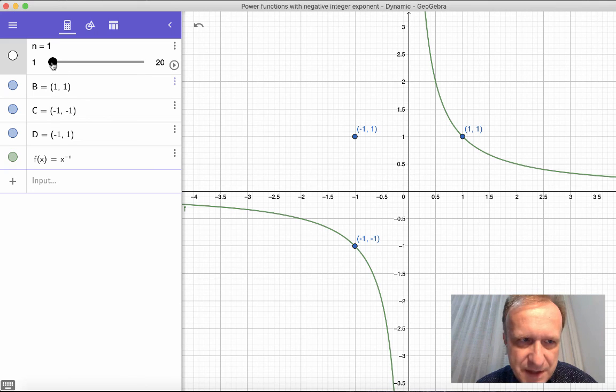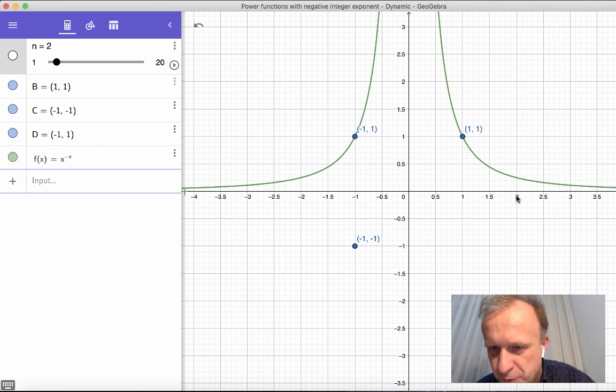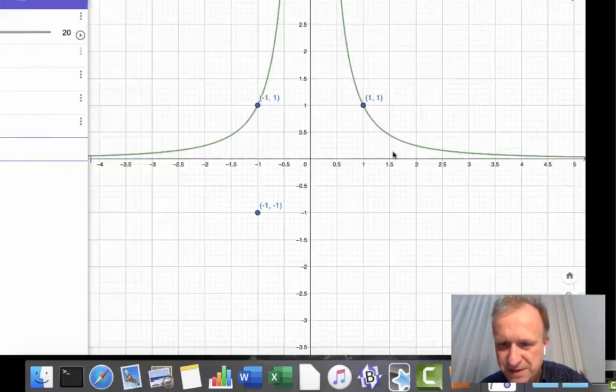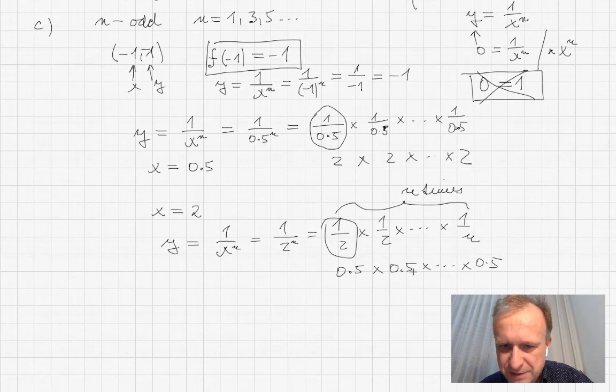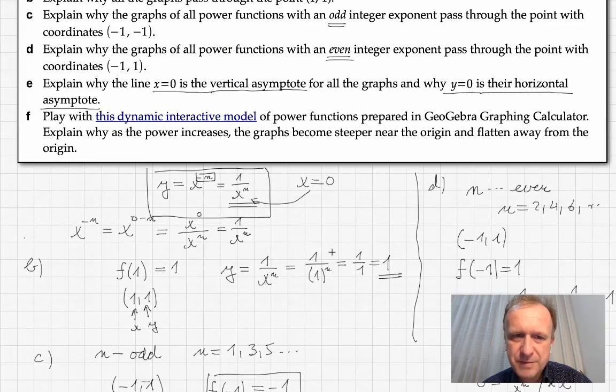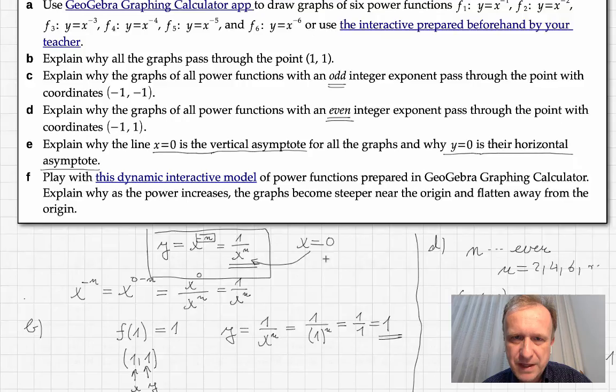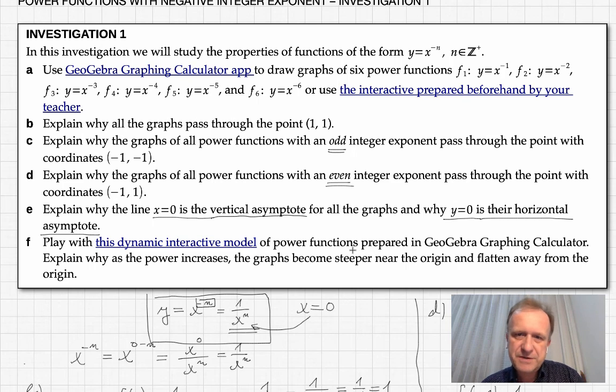Now, if I increase the slider to the value of 2, at 2 you get the value 0.25. So this one is less, and the reason for that is that there are two factors, this one and this one. If you multiply, you get a smaller answer. So this should explain the behavior of these graphs and should be understood as a sufficient explanation.